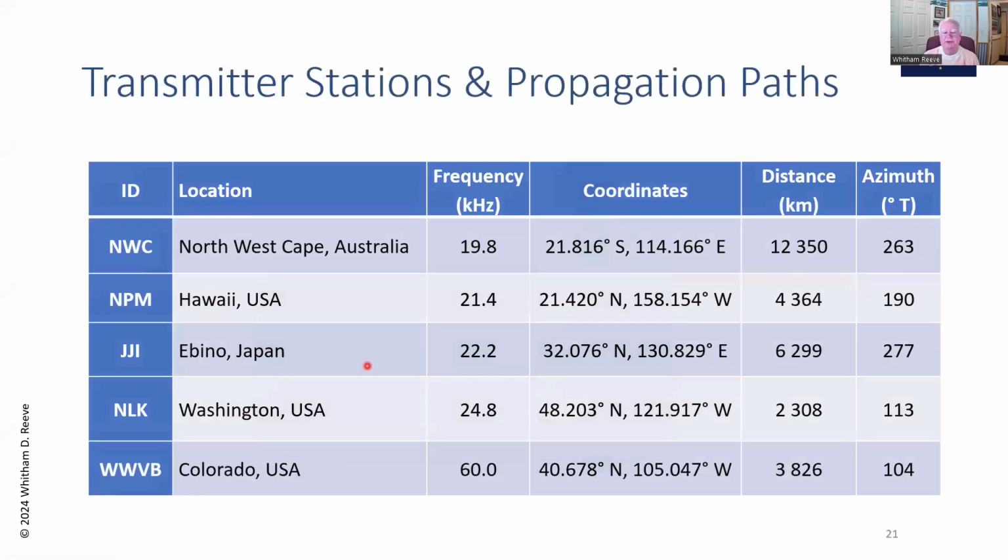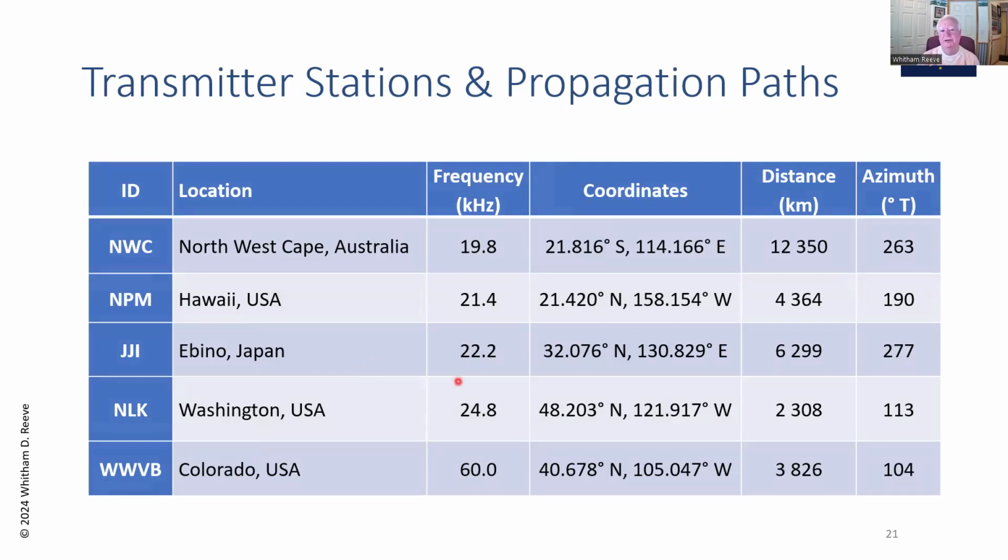Now, the transmitter stations that I looked at: at Coho, I'm able to receive somewhere in the neighborhood of about a dozen VLF transmitters. And so I went through a long process, long before the eclipse, trying to figure out which one of these would be the best to monitor during the eclipse itself.